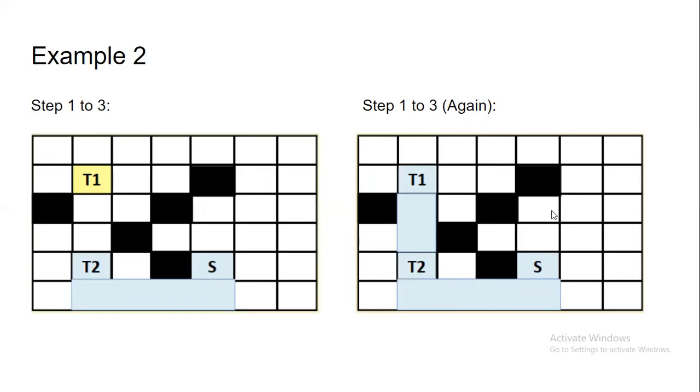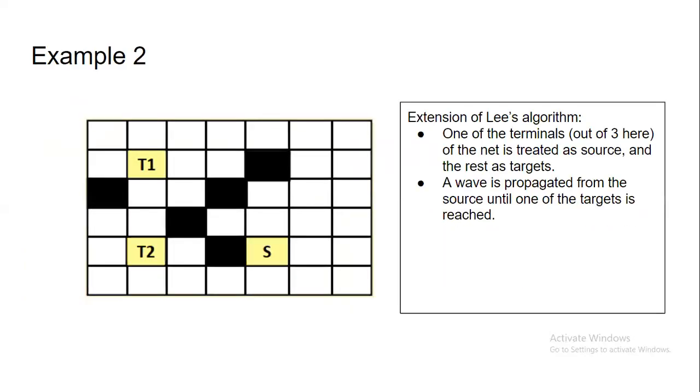Okay. Sir, I have a question. Oh yes, fine. So in the previous example, what if after the 7 iterations we did not get any target?